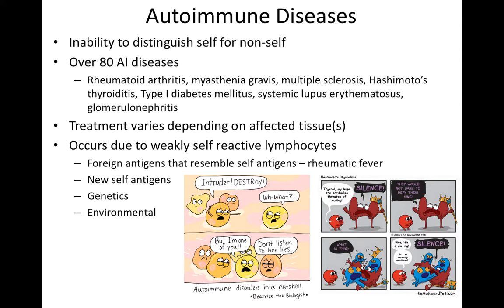In other words, you have to be born with a predisposition to this, but you also have to come in contact with an environmental trigger. Heavy metals, certain viruses like Epstein-Barr virus is a big one that triggers autoimmunity.